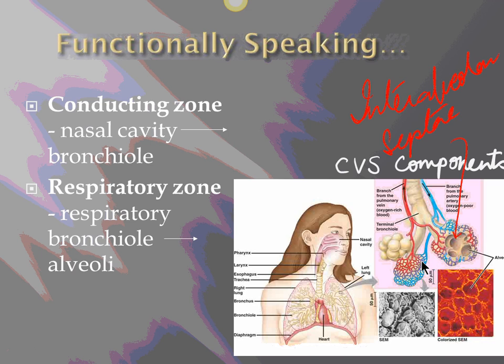So here's where you can see the respiratory and the cardiovascular system really interacting with one another. These pulmonary capillaries are present in a septum between the alveoli, known as the interalveolar septum. Later when we do the respiratory membrane, we'll talk about it.